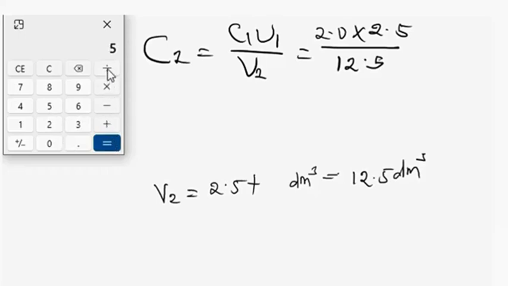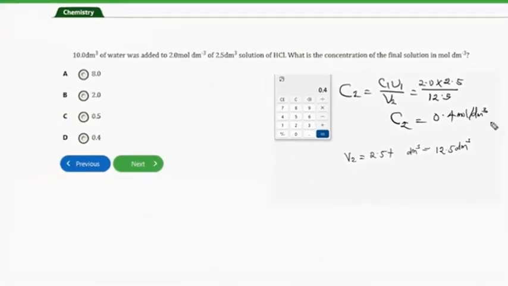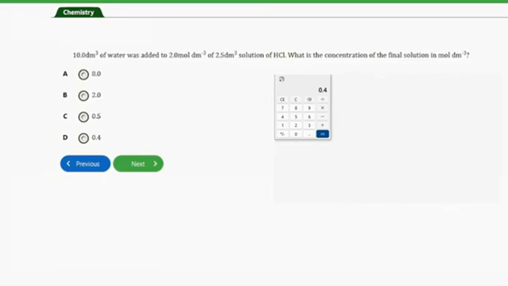So we are going to divide this 5 by 12.5, that's 0.4 guys. So C2 is equal to 0.4 moles per dm cube. So guys, that's the answer to this question, and that's option D.